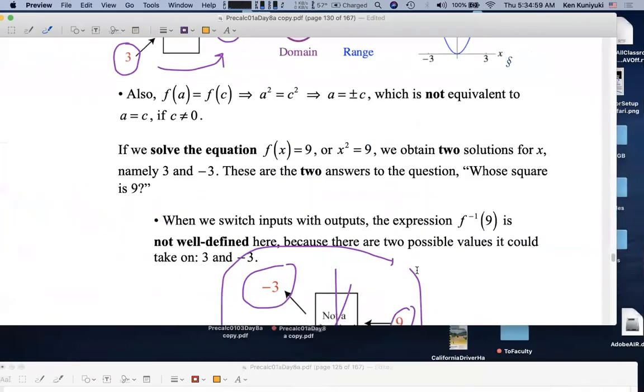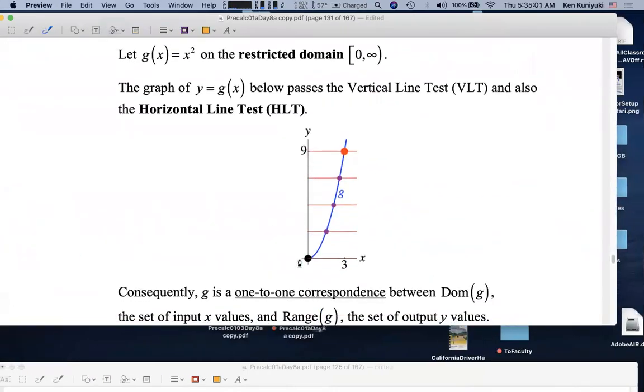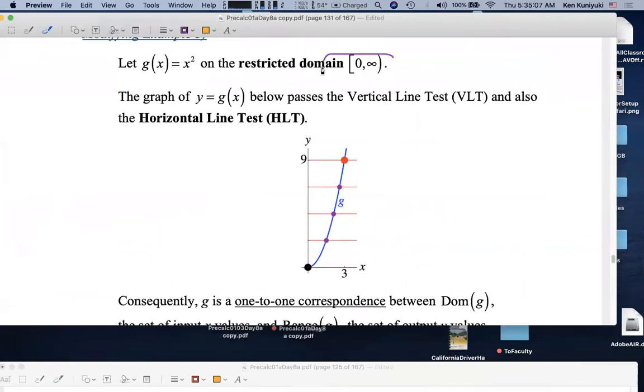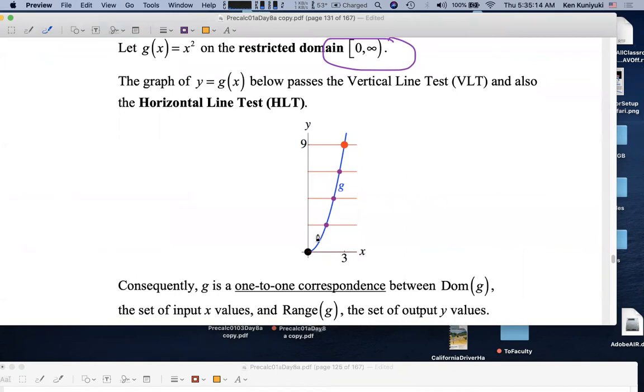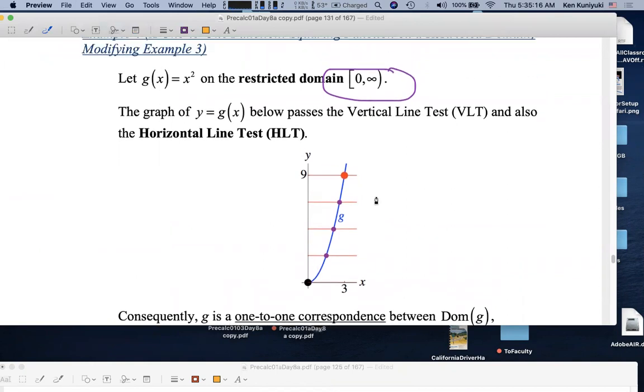Yes. By convention, we grab the right half of the parabola. You'll see that the range is the non-negative reals, just like before. It's as tall as the original graph in that sense. But this time the graph passes the HLT.